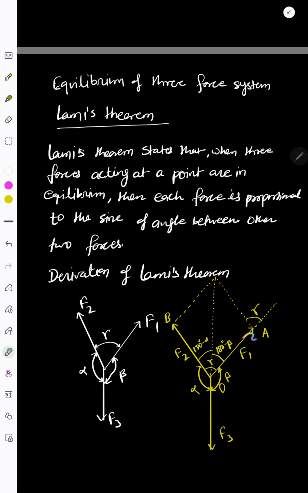As this is a line making 180 degrees and gamma is given, the remaining angle will be 180 degree minus gamma. Again we'll prove how we are getting 180 minus gamma. This is point C.